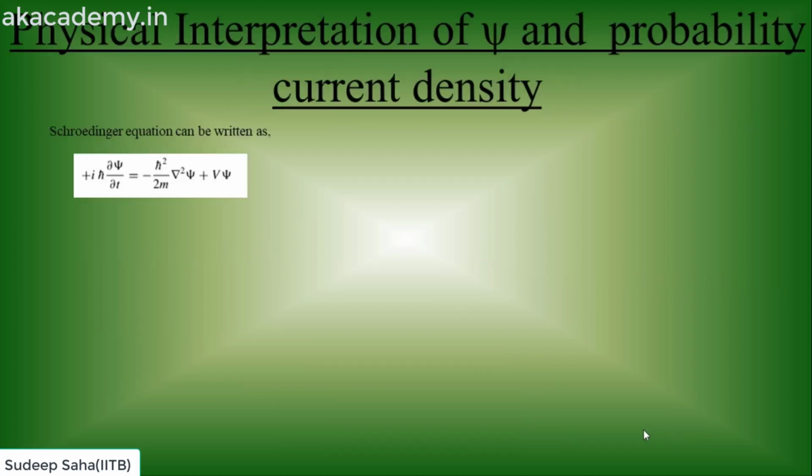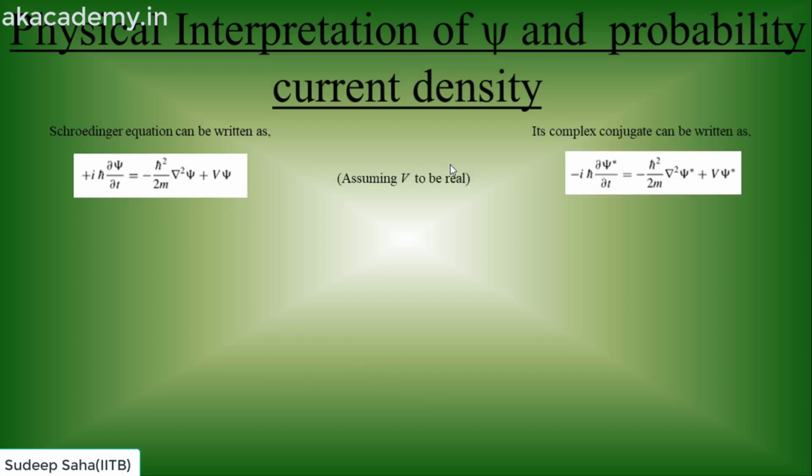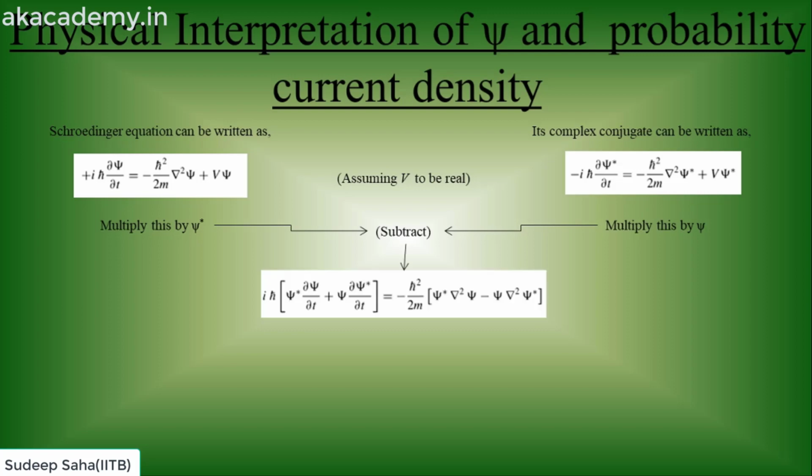Now let us see some physical interpretation of psi. This is the Schrodinger equation. We assume that V is a real quantity. So if we take its complex conjugate, we'll get this. Now multiply this by psi star and multiply this by psi, and then if we subtract, we'll get this equation.